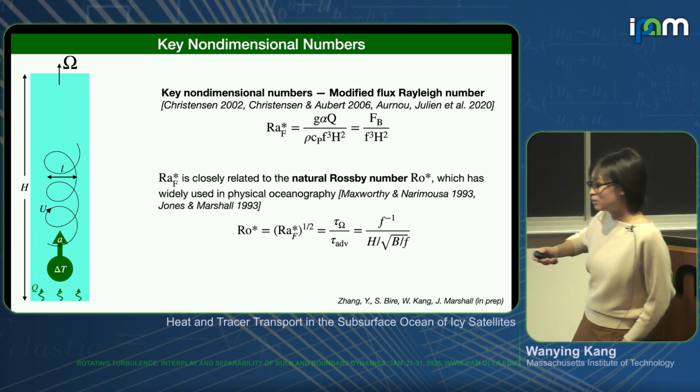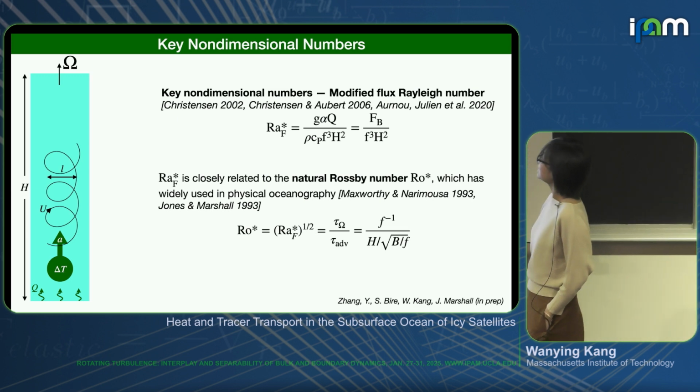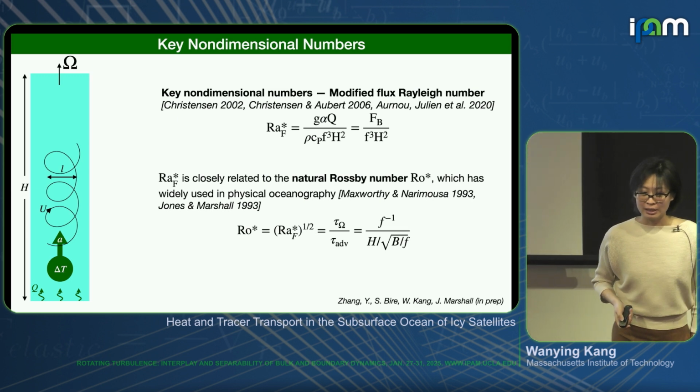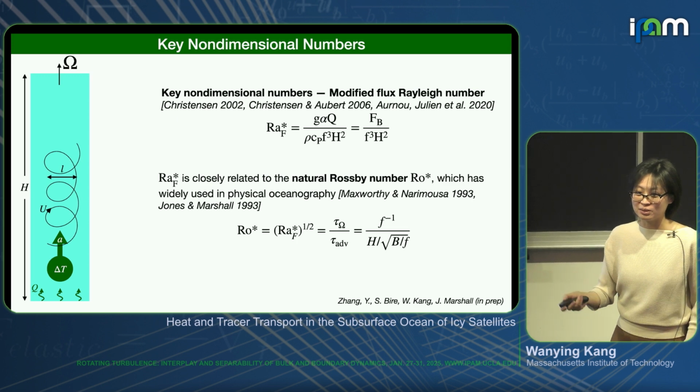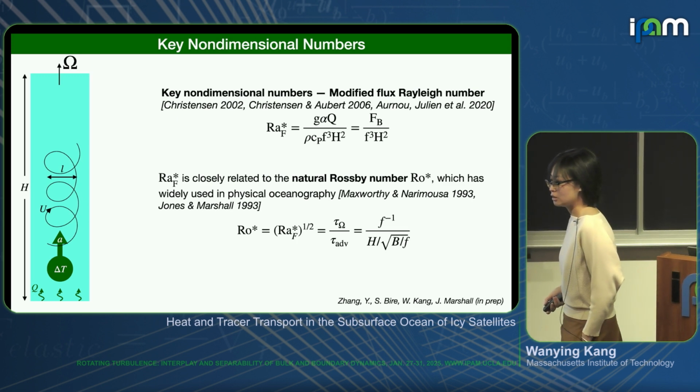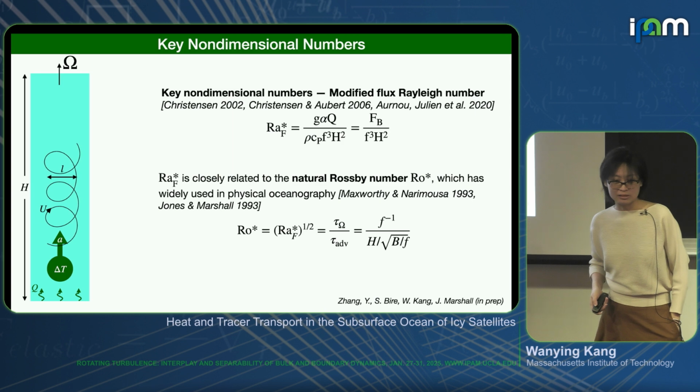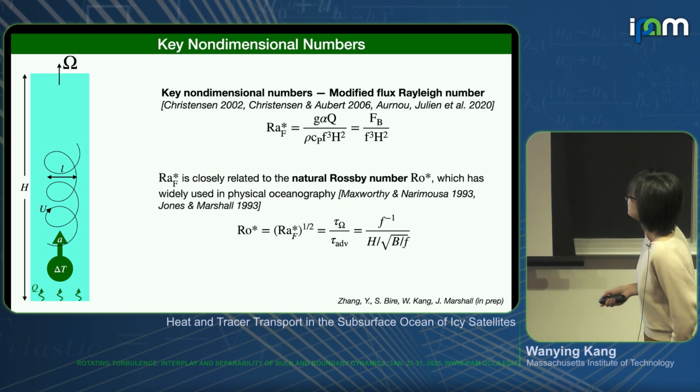So what are the key non-dimensional numbers in the system? There have been a lot of discussions about whether diffusivity-free scaling will eventually emerge in the system.